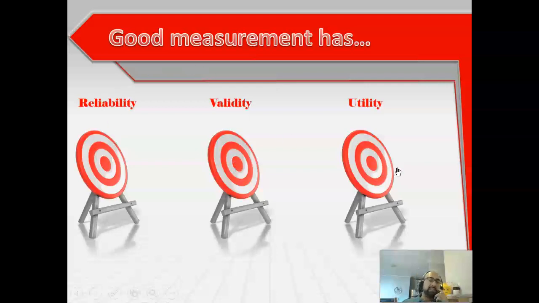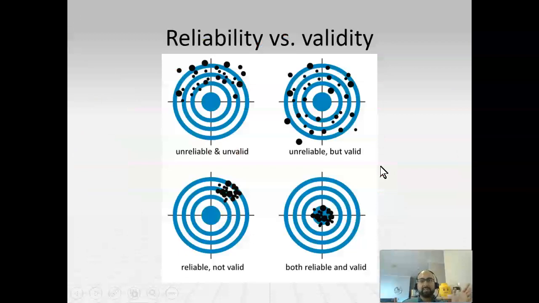And then we have utility, class, which is the usefulness of the measure in terms of value for money. Let's go through a few examples. Let's say you want to work out a person's sales ability, their ability to do well in a sales job, their selling competencies. And you do so by assessing the quality of their handshake. How good is their handshake?